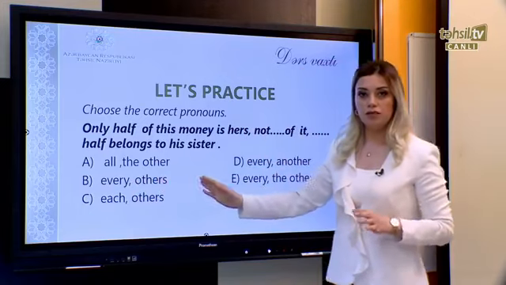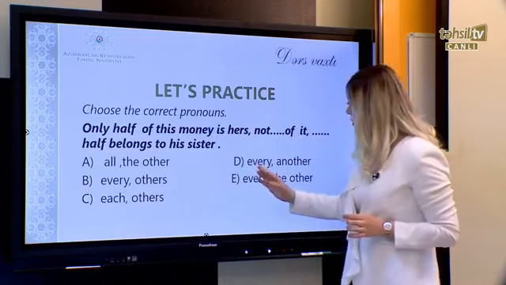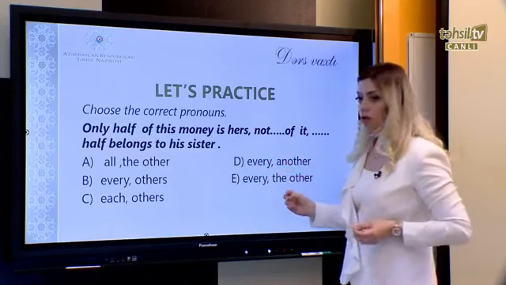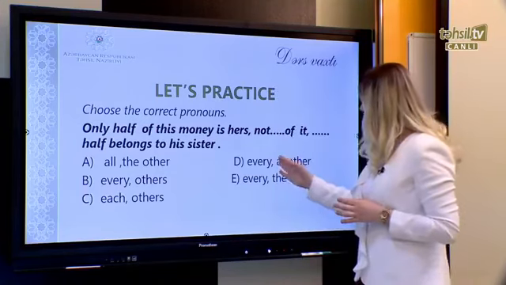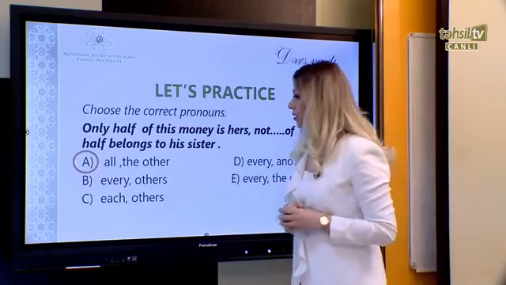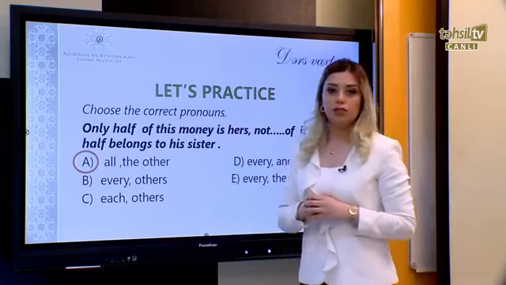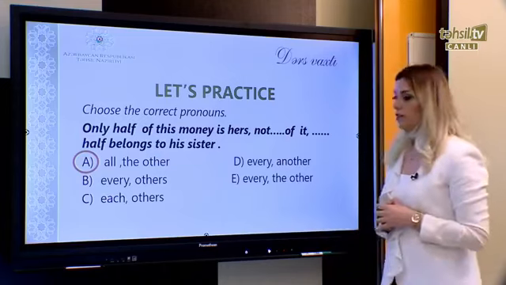We can never use every with of, so it is impossible. Not each of them is impossible because we cannot count money. So our answer is not all of it is hers. The other half belongs to his sister. This is the correct answer.